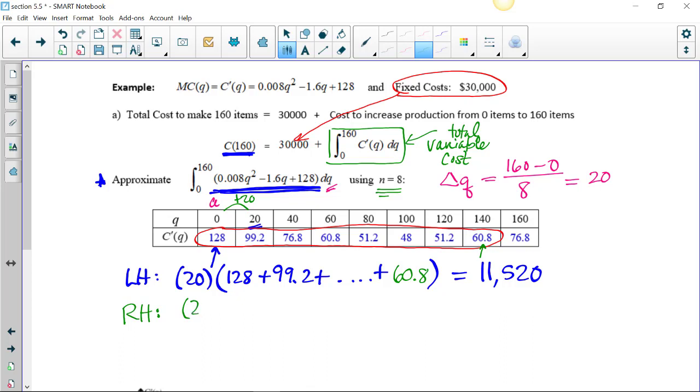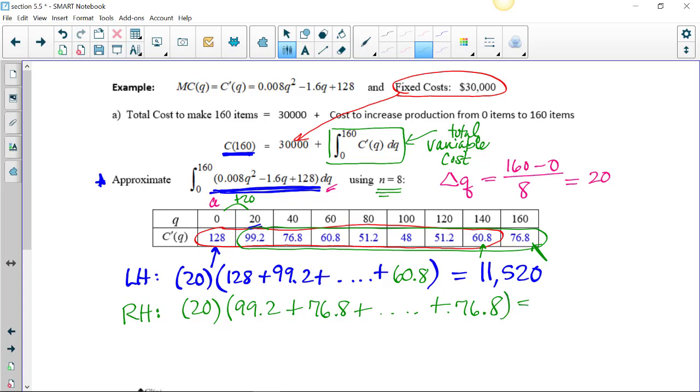Okay, so when I do the right-hand sum, once again rectangles are a width of 20. I then start with the second value in the table and then use those 8. So I'm going to start with 99.2 and then add those 8 values. So I will be using the last value, the 76.8 will be my last value.